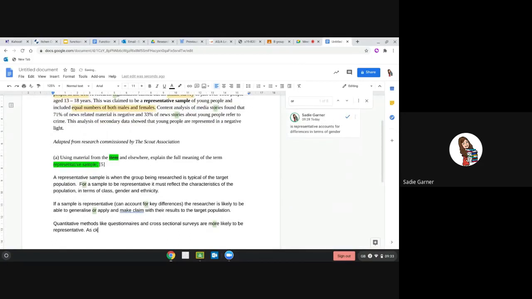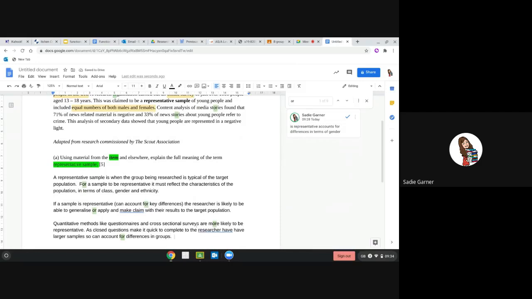As closed questions make it quick to complete, the researcher can have larger samples, and can account for differences in groups.